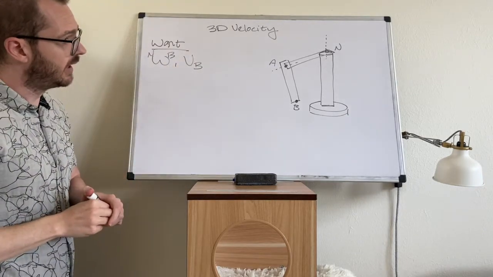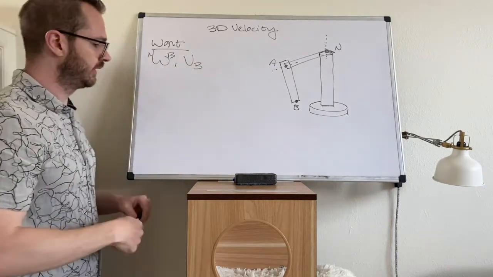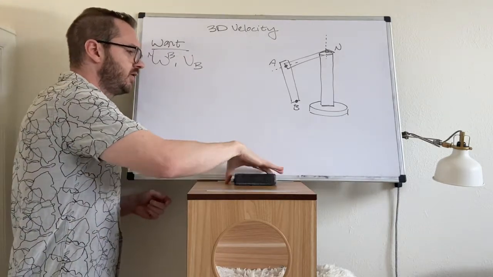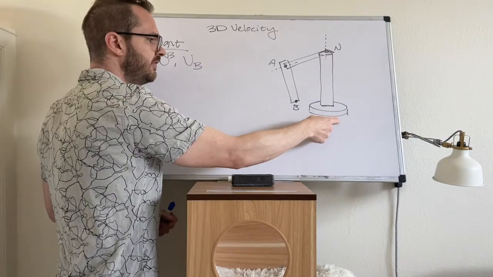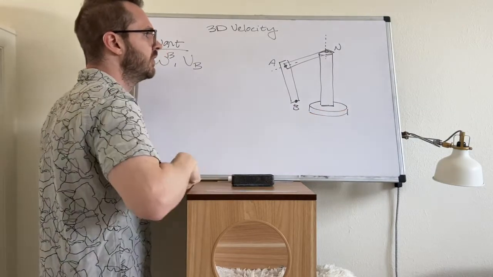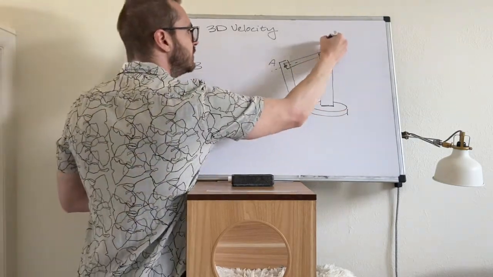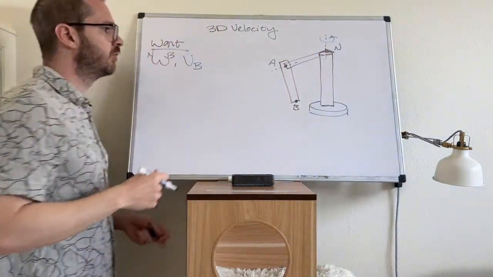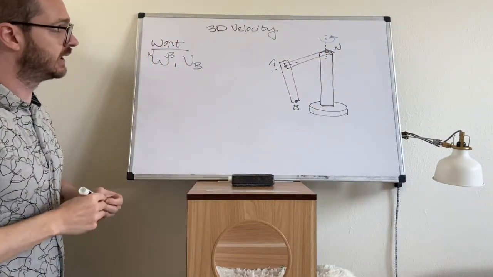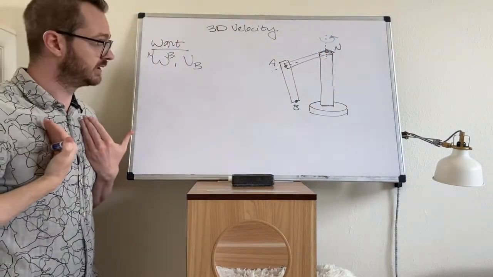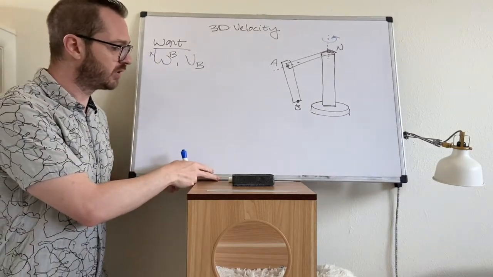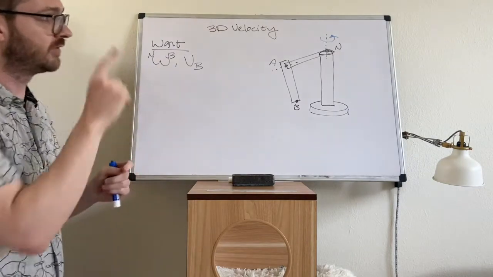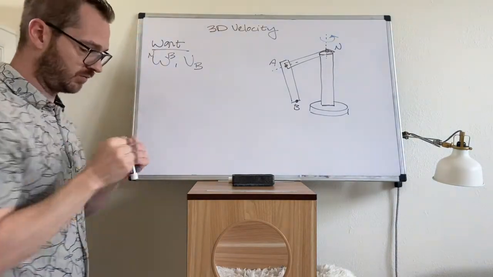Now, how is this system moving? Well, this vertical base, this column, is immobile, so this is just ground, but there is a rotation around that vertical base. So we can imagine my body, like my chest, could be this vertical base, and I'm just doing a simple rotation around a z-axis, so I'm just turning like this.